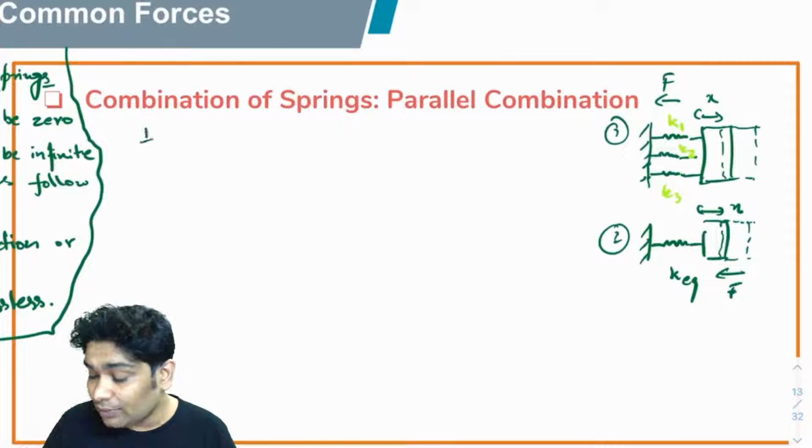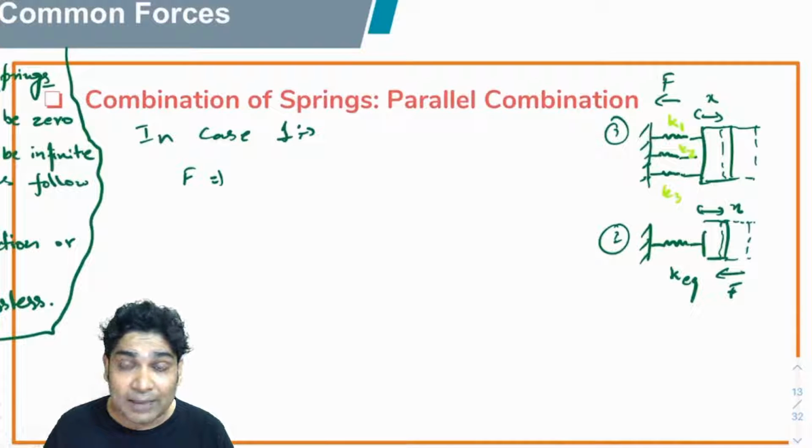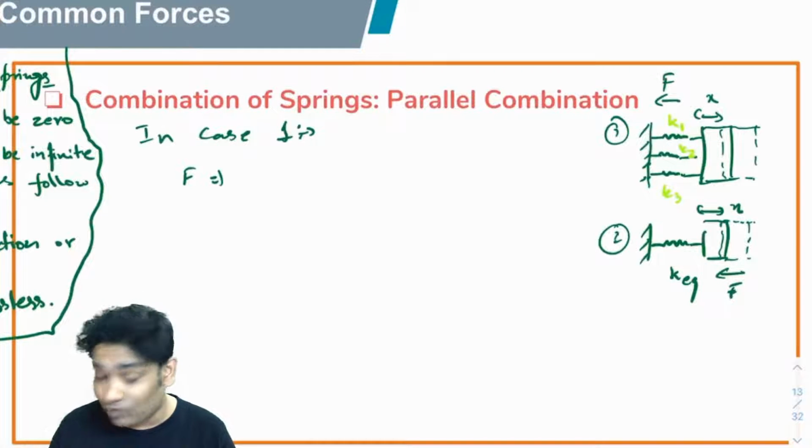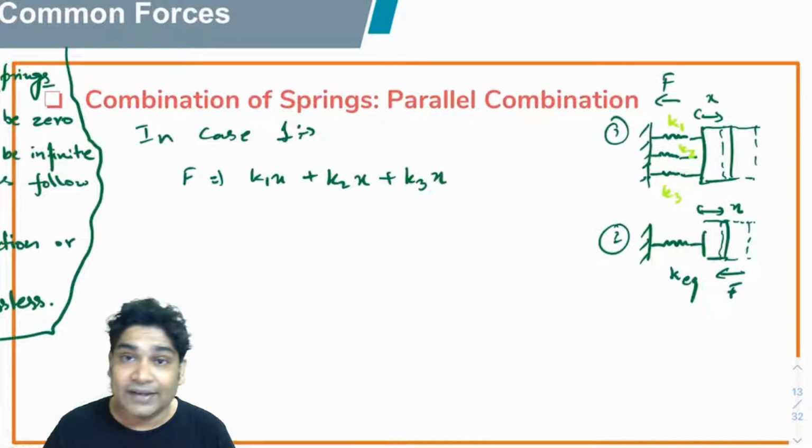In case one, what will you see? You will see that this F would be the summation of forces applied by all three springs. So the first spring would apply K1x, the second would apply K2x, and the third will apply K3x. All right, these are the forces that are being applied by different springs.